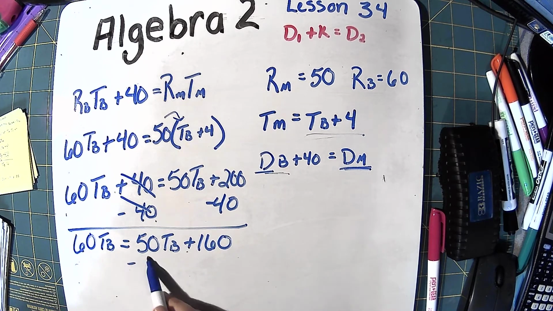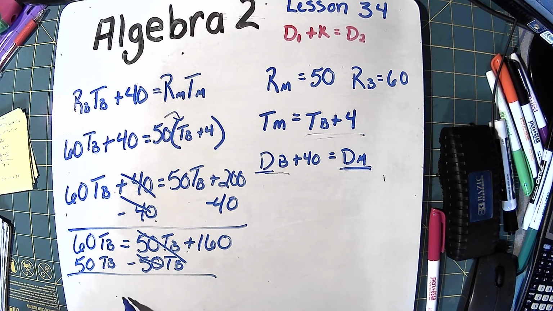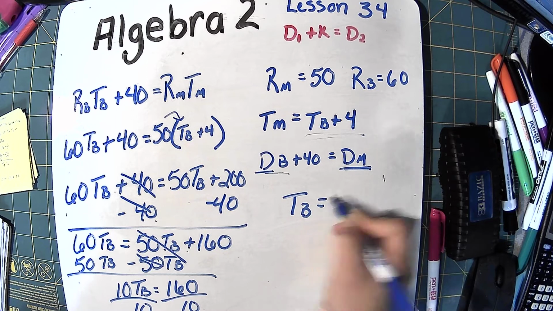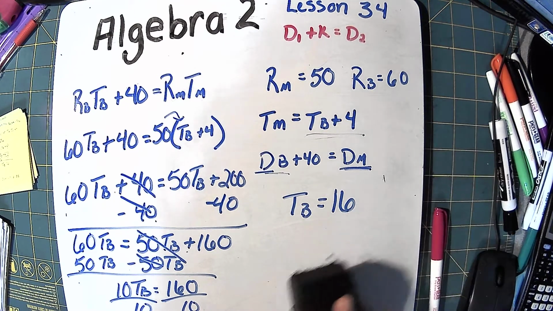Now we're going to subtract this 50 TB right here. And we're going to get 10 TB equals 160. Then we divide by 10. And we're going to get TB equals 16. Okay? 160 divided by 10. Alright, so the time of Beauregard was 16.